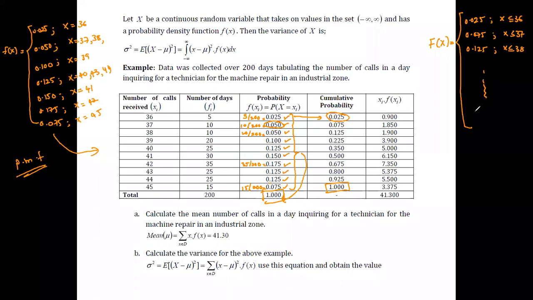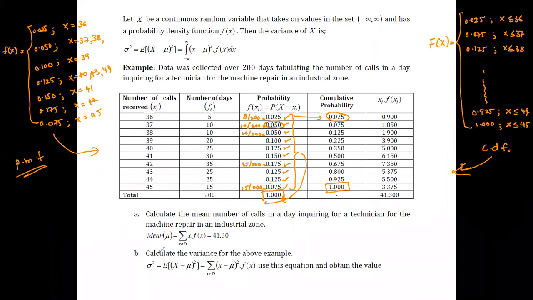Likewise, you can fill up the values. Then 0.925 for x less than or equal to 44, and 1.00 for x less than or equal to 45. Therefore, this is what we are getting as the CDF for this example. CDF, cumulative distribution function.